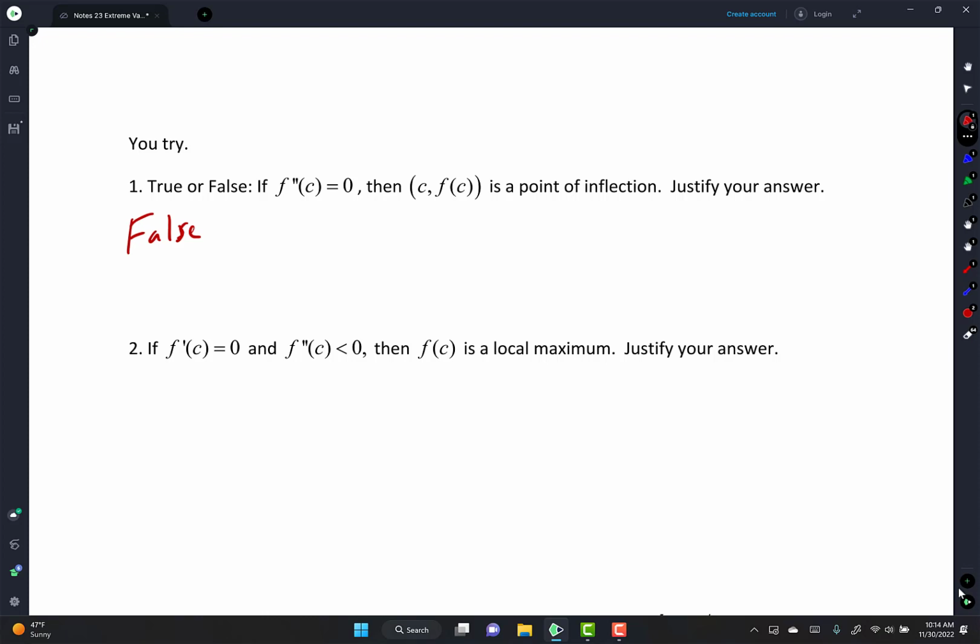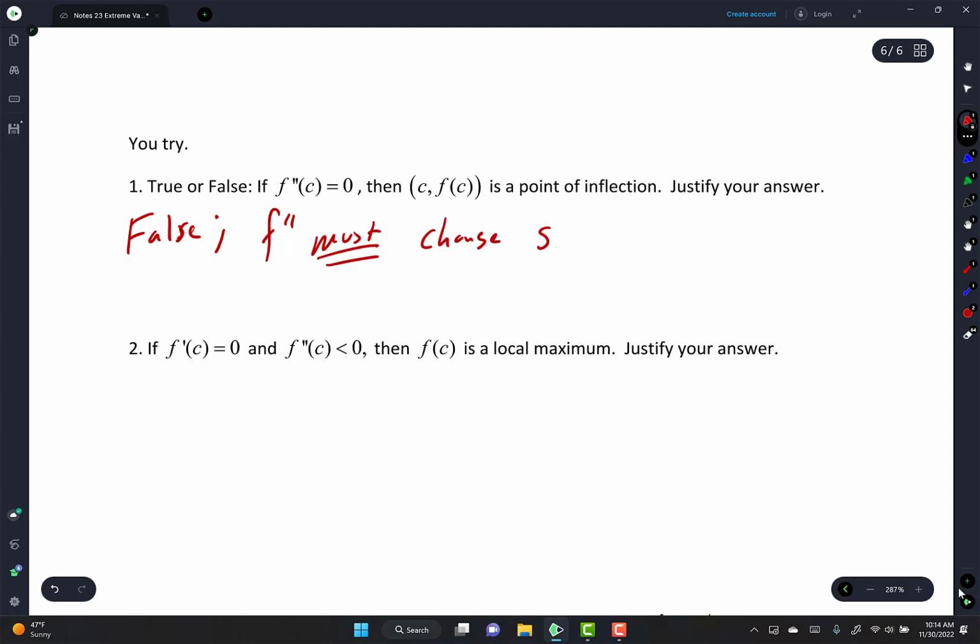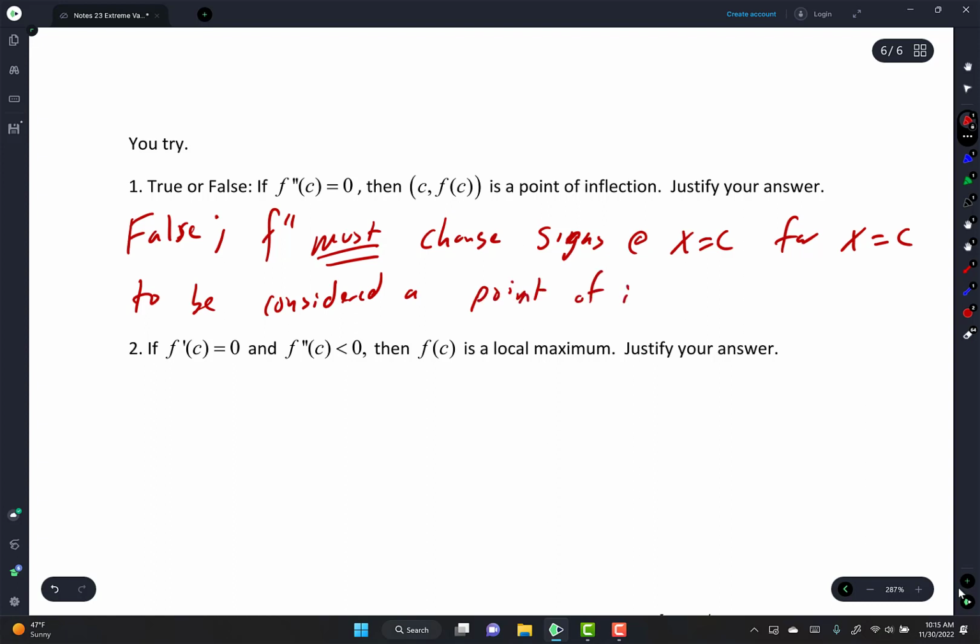Yeah. So I'm going to write false, and I'm going to put a semicolon. I'm going to write second derivative, or f prime prime, must, and underline the word must, change signs at x equals c for x equals c to be a point of inflection.